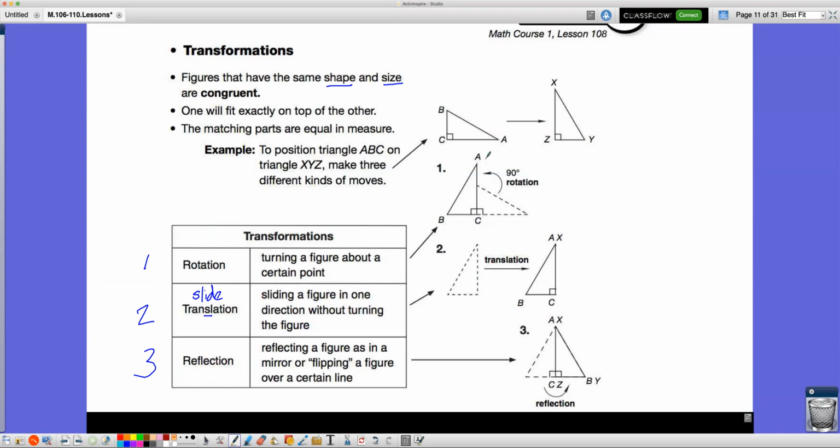Once we were to rotate this from its original position, all we had to do was slide it over to get it into this position, but then we weren't quite done yet. Then we had to do the reflection on top of that. Reflecting a figure, as in the mirror or flipping, is what you would do over a certain line.